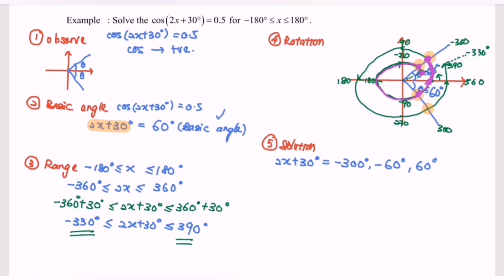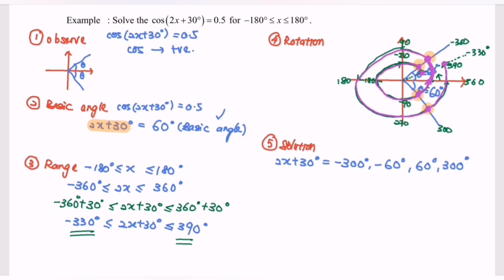Next we proceed: 90, 180, 270. Here we have the last intersection, which is 300. We keep going until this part we have 360, and until this part 390.